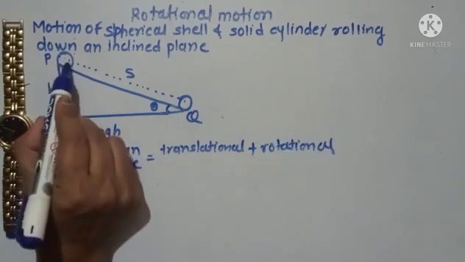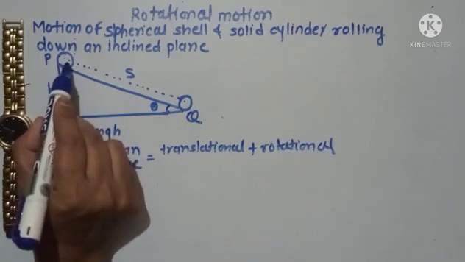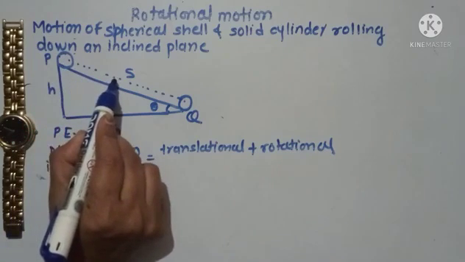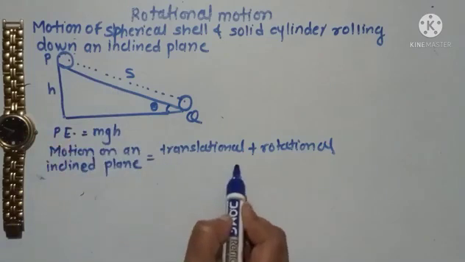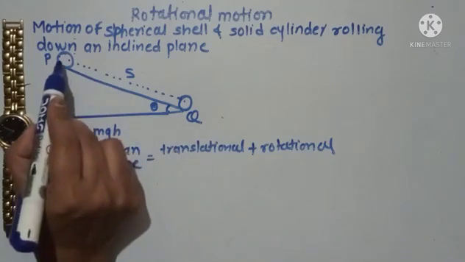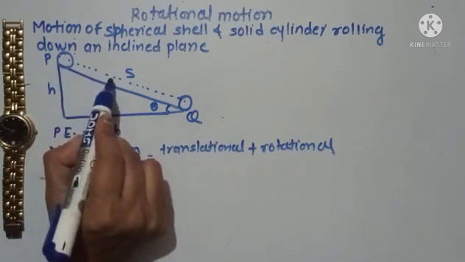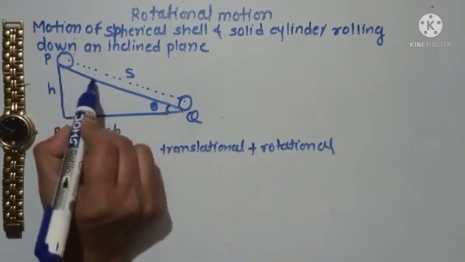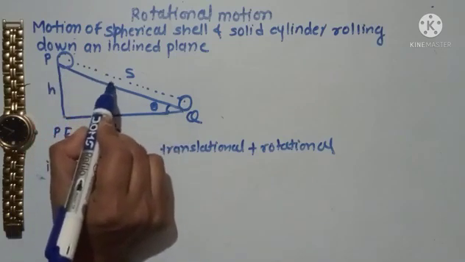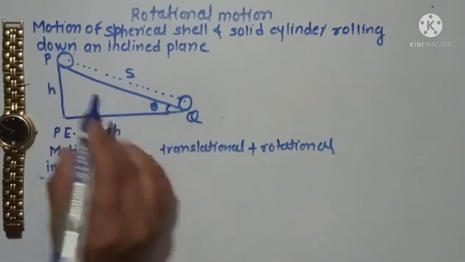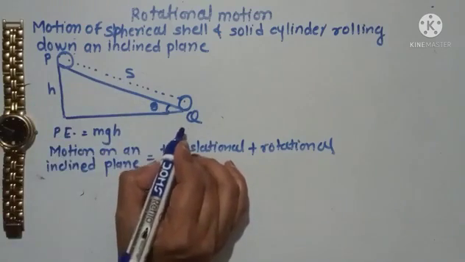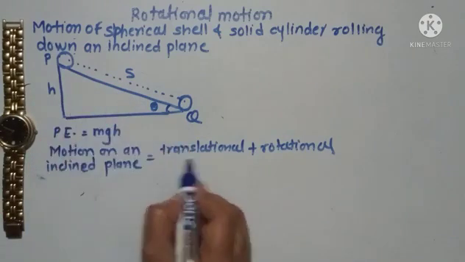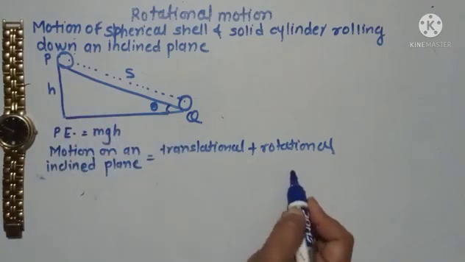So this solid cylinder or sphere is moving in a forward direction, which we call translational motion, and while moving from this position to this position it is rolling also, so that is called rotational motion. So motion of a body along the inclined plane consists of translational as well as rotational motion.